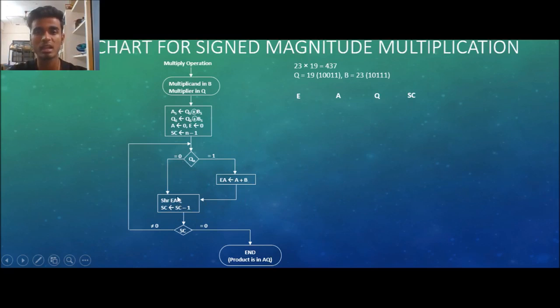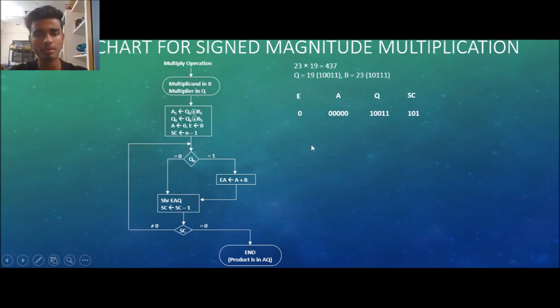And when the last bit of the multiplier is 1, we add A plus B and store it in EA, and then we shift EAQ to the right by 1 bit and decrease the value of the sequential counter by 1. We continue this operation till the sequential counter has reached a value of 0, which gives us the product in A and Q at the end.